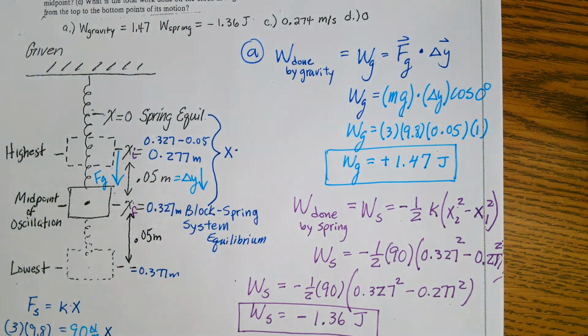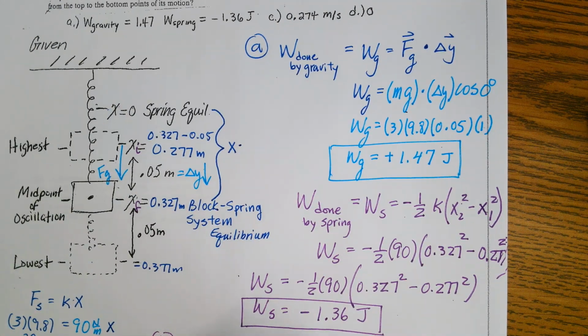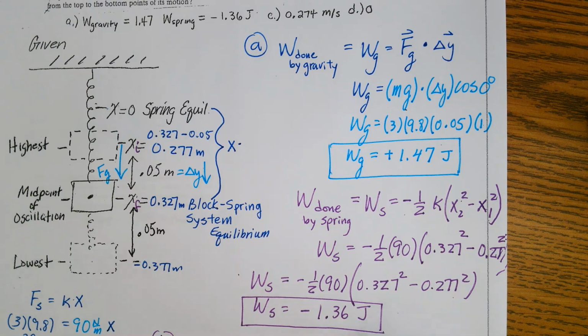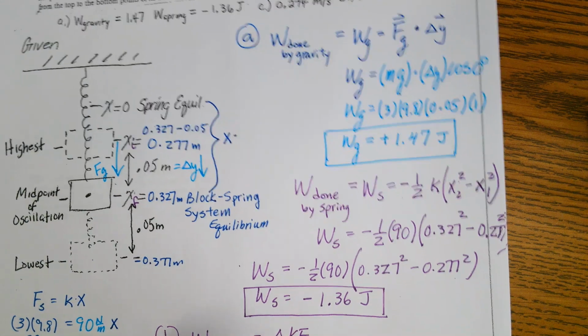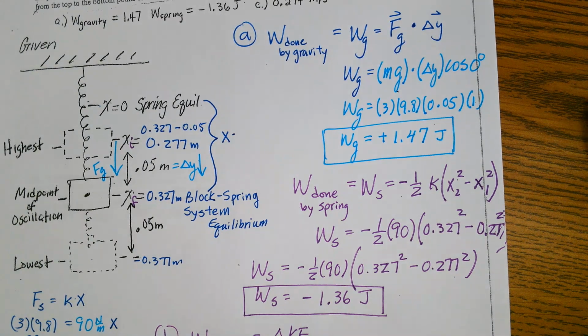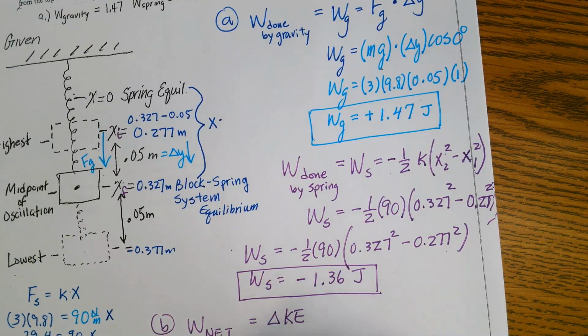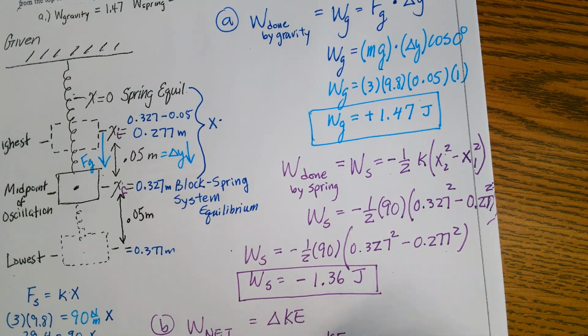So for part B, they ask, what is the speed of the block? Well, for part B, the net work is equal to, right, change in kinetic energy. Well, what's my net work? Net work is basically work done by spring, right, plus work done by gravity. That has to equal kinetic energy final minus the kinetic energy initial.